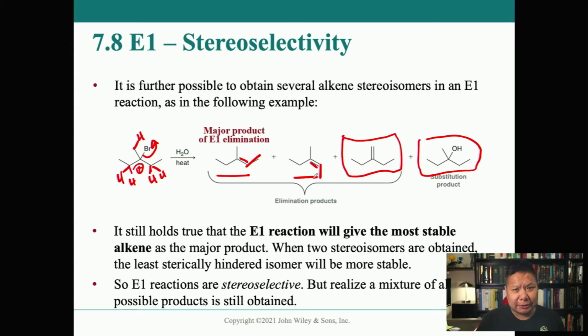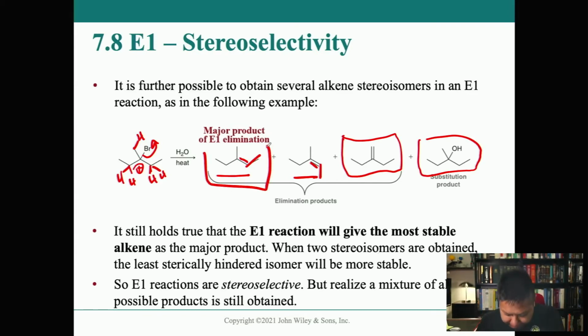When two stereoisomers are obtained, the least sterically hindered isomer is the more stable one, right? So which one is the least sterically hindered one here? I would say probably this one, because it's all open.